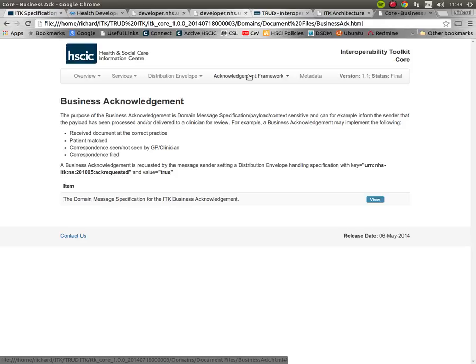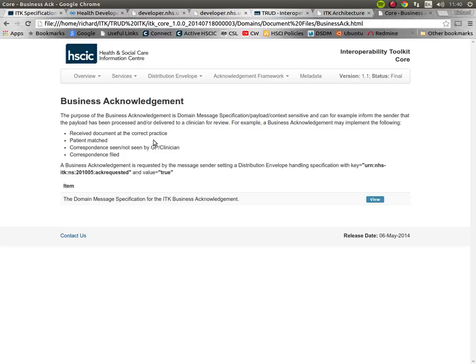And the acknowledgement framework just gives you a mechanism to send that acknowledgement back to the sending system, who are maintaining some form of state around the interaction at that business level, so they then know that effectively that process is complete. So that's really what it's for. Again, we're not prescriptive in terms of the logic behind the business acknowledgement. It's very much about providing a capability and a common way of acknowledging when sending clinical documents.